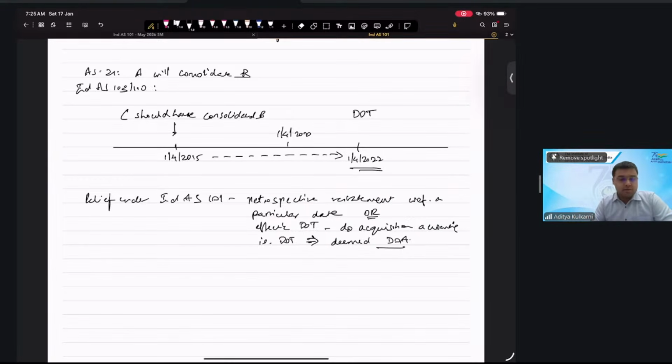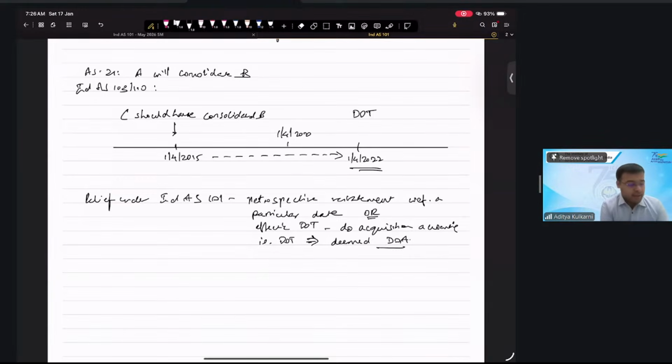Or second option is I will have the option to treat the date of transition itself as my deemed date of acquisition. Are we okay with this? Yes. If I take the date of transition as the deemed date of acquisition, what is going to happen? You do not have to go back in time and change everything. Effective date of transition only, you will start preparing your consolidation. Are we okay with this?